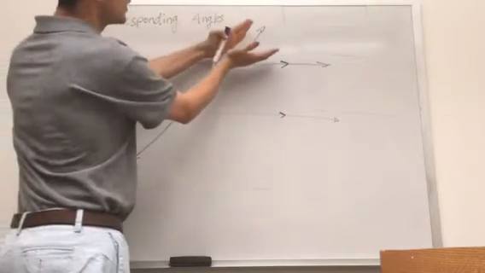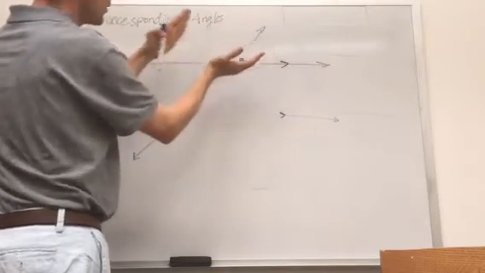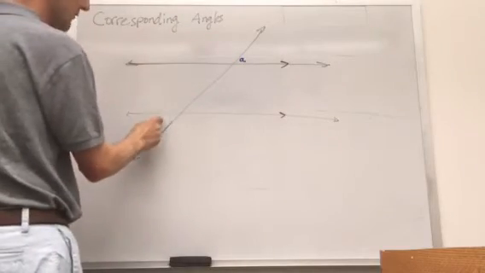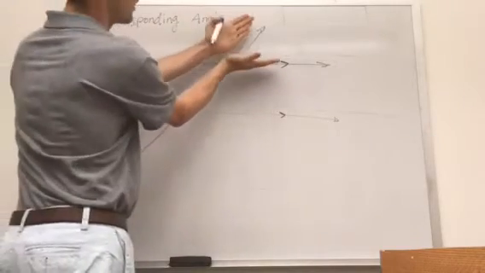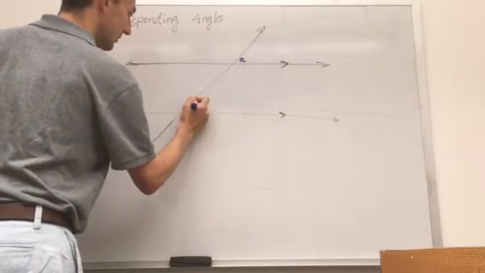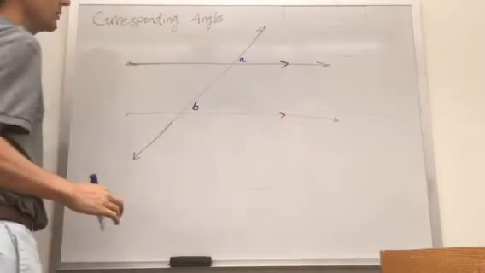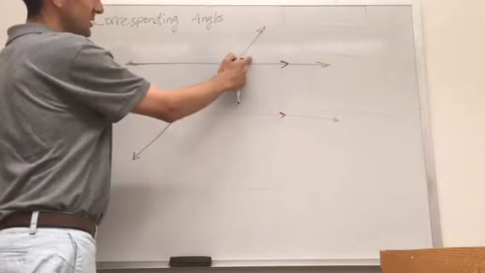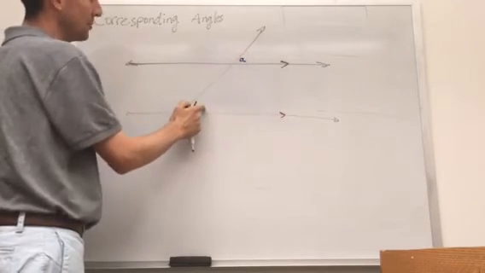It's like if you took a picture here and then brought it down here, you would say that out of these angles, the one that looks like this is this one. So we would say angle A corresponds with angle B.